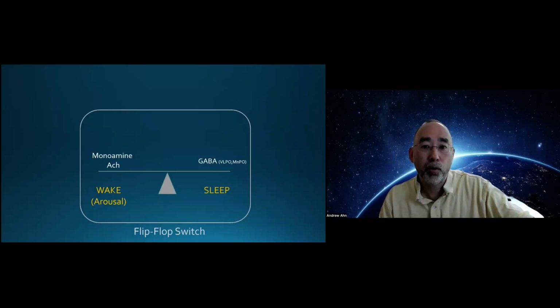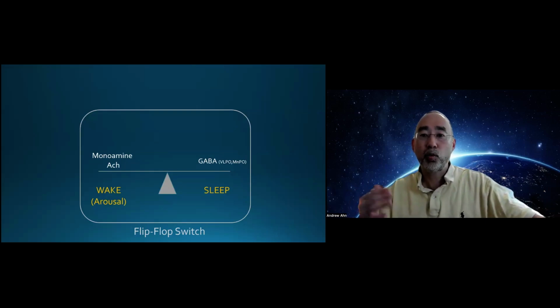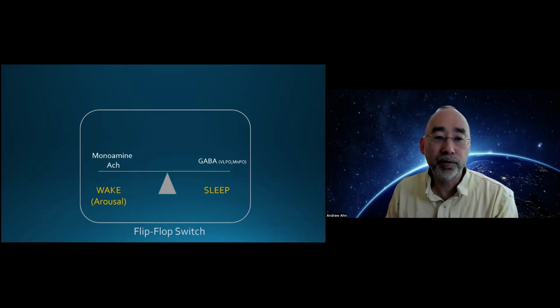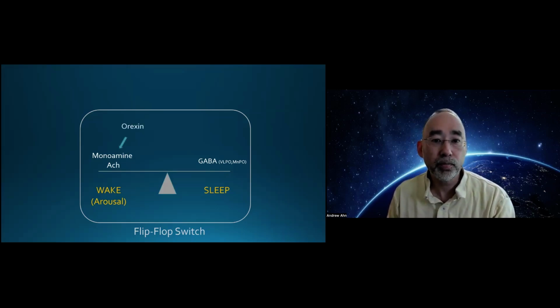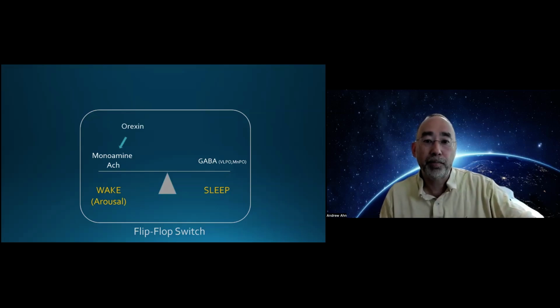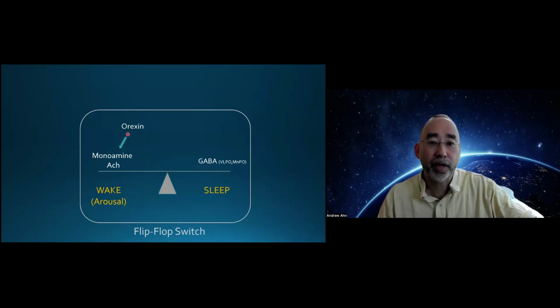And so far, we presented the sleep-wake flip-flop switch as a relatively isolated system, but in reality, it's beautifully integrated with other crucial regulatory processes. And we still have a basic balance between these two sides. However, now we add orexin, a neuropeptide produced in the lateral hypothalamus.